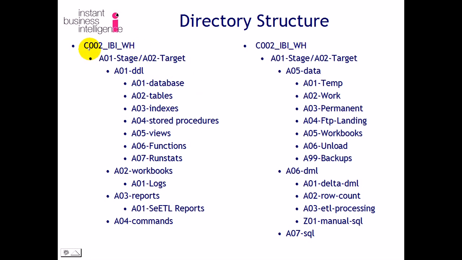We've got SeETL030, 2, and 3 because we've got 3 sources, and you'll see there is a stage and target under each of these parent directories. And then under the stage and target, you'll see the same directory structure. There's DDL for database, tables, indexes, stored procedures, views, functions, and the run stats DDL gets put in there.